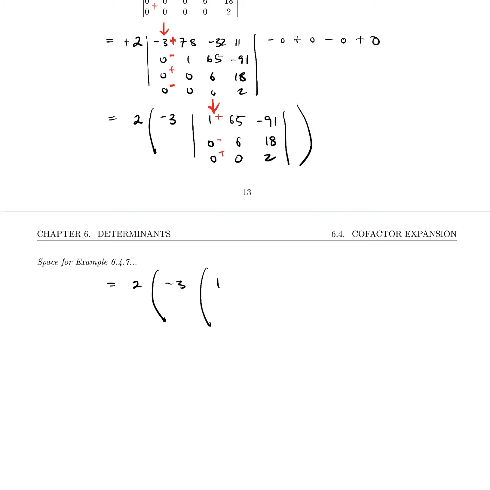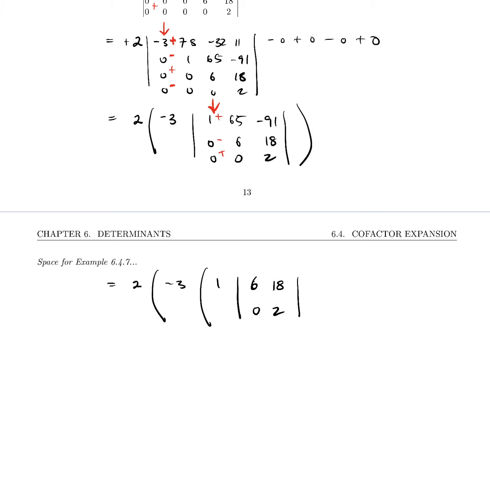There's a good reason. So 1 is my entry, which means now I'm deleting the row and column that 1 is in. So then I have the minor of 6, 18, 0, 2. And this is a 2 by 2 matrix, so I can do AD minus BC, which is what I am going to do.